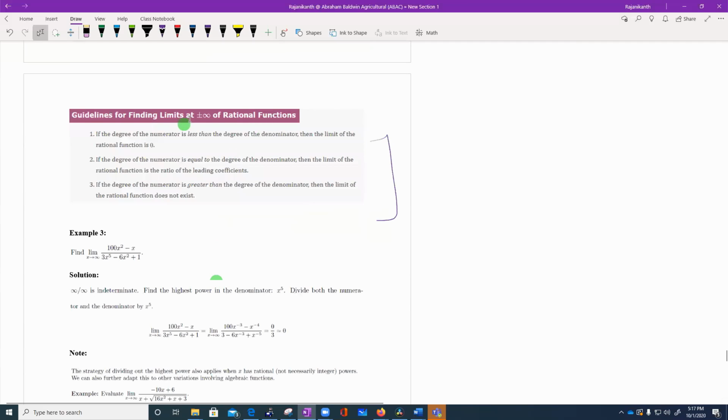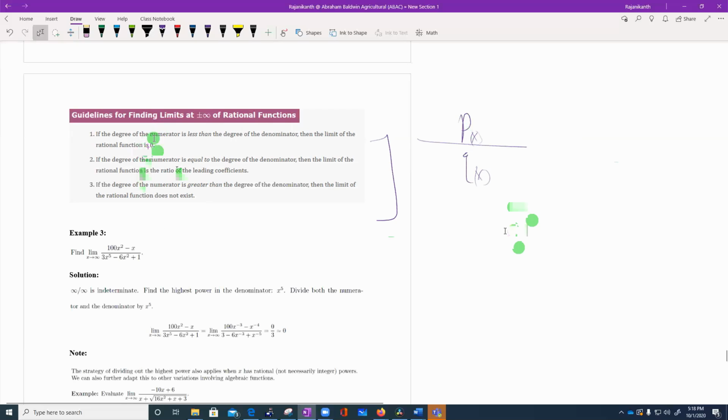Now look at these guidelines. If you want to find the limit at positive or negative infinity of rational functions, what do we mean by rational functions? Rational functions means you have two functions, one in the numerator and another in the denominator, with polynomial degrees. Follow these steps.